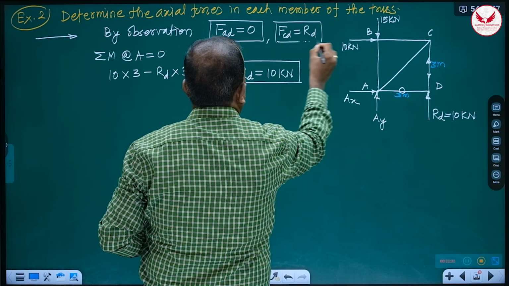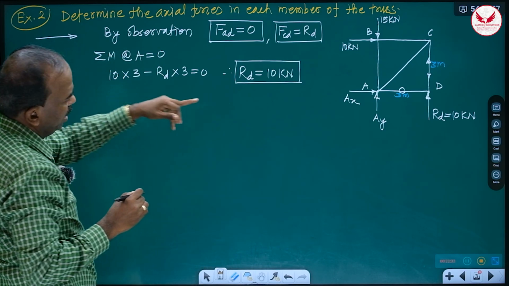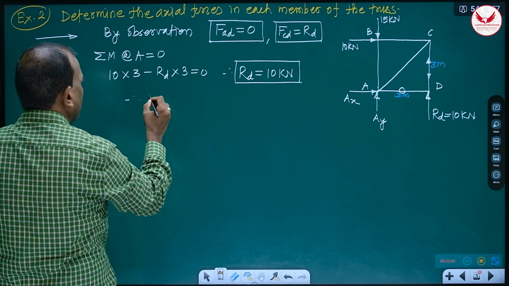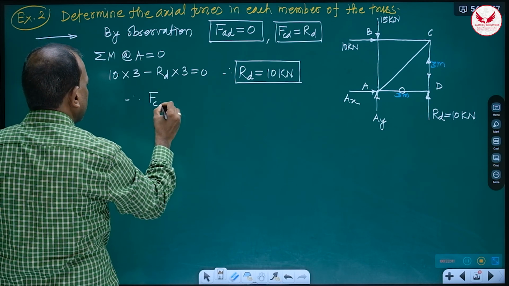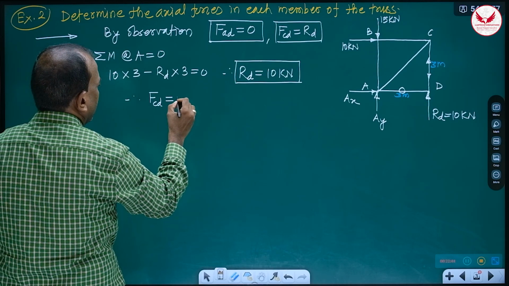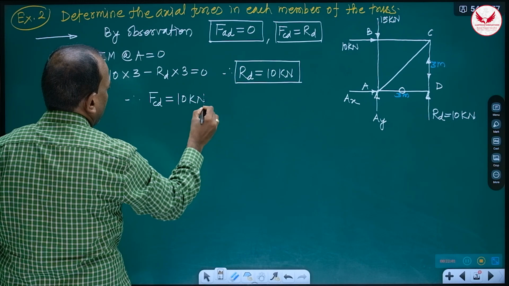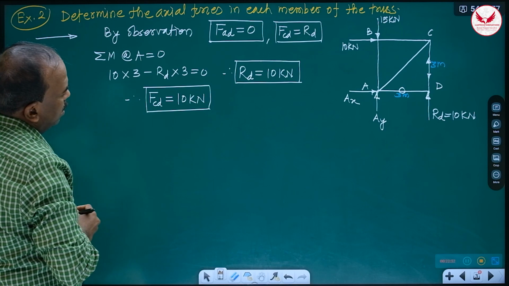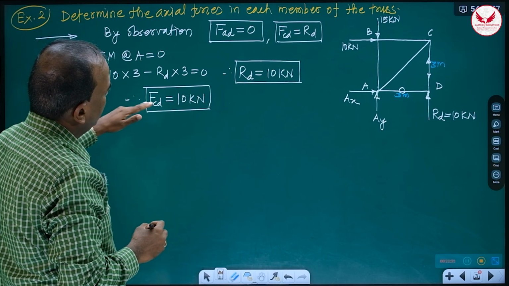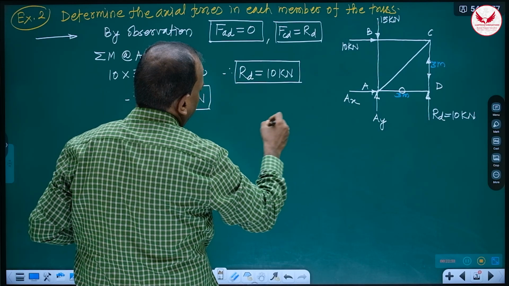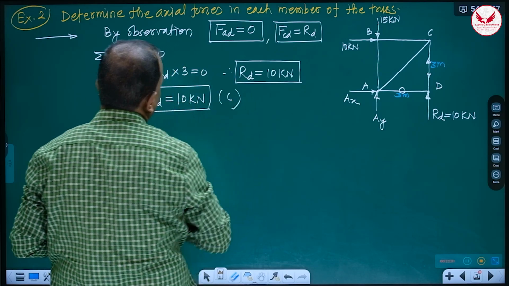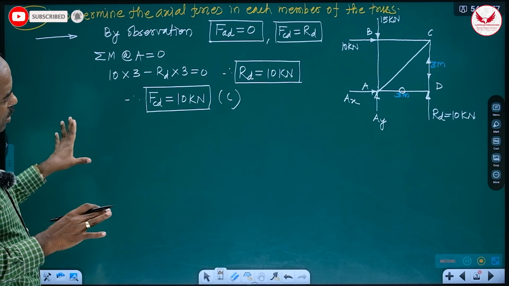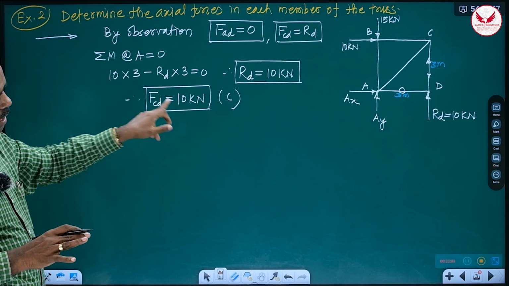And if we calculate RD by using the moment equation for the whole truss, hence two answers we got. FAD is equal to 0 and FCD is equal to RD, that is 10 kilonewton. How is it compressive? Towards the joint, towards D, means compression.